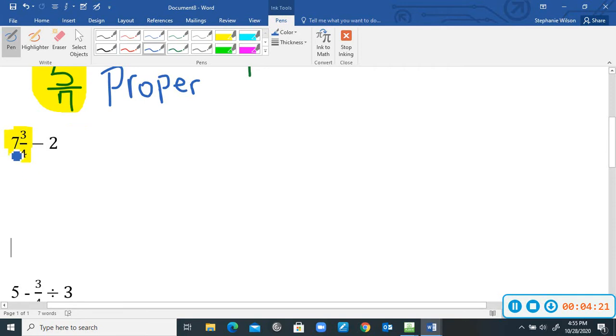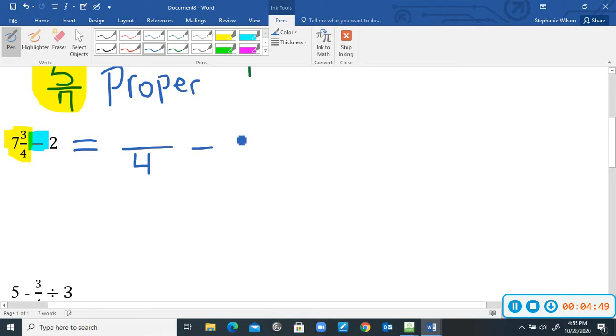So what I would do is go ahead and convert this to an improper fraction. And I notice my operation is subtraction, so it's a different rule. Adding and subtracting of fractions have to have a least common denominator. So that's why I want to clean this up as much as I possibly can. I know that when I rewrite my mixed number as improper, my denominator does not change.